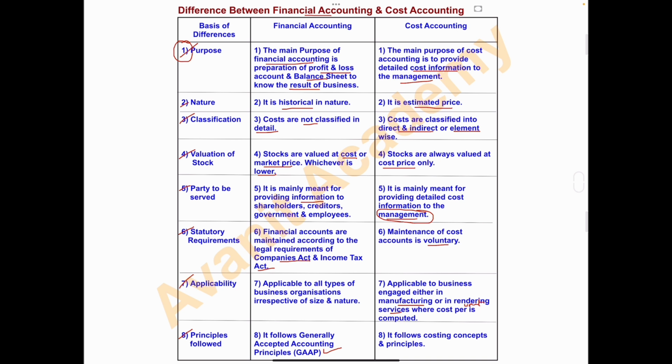Got all of you? So, all these are the differences between financial accounting and cost accounting. First one is purpose, nature, classification, valuation of stock, party to be served, statutory requirements, applicability, and principles followed.